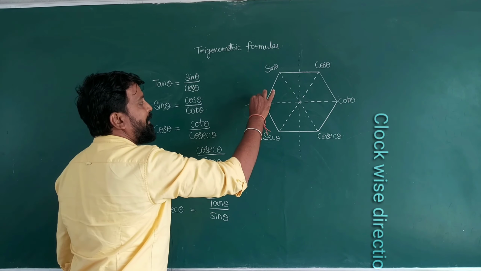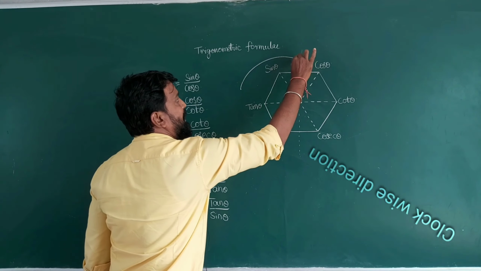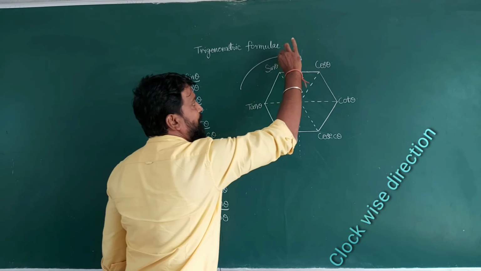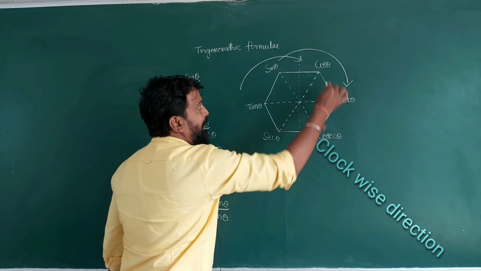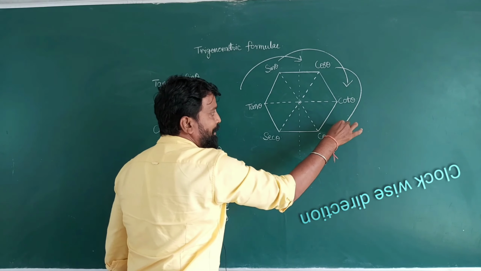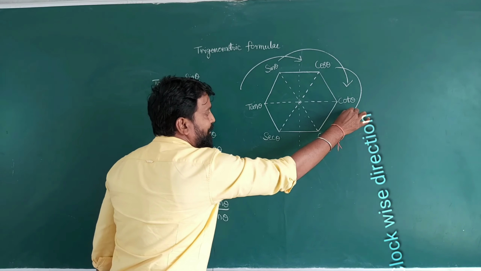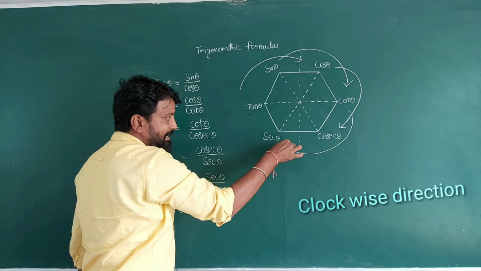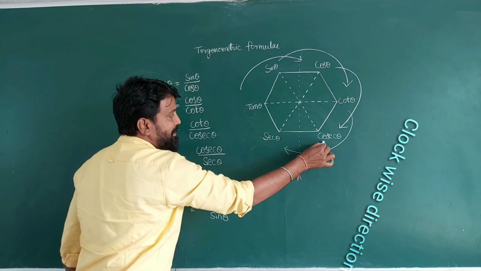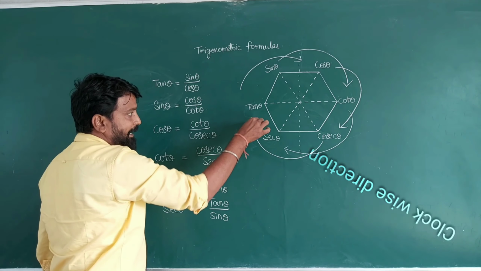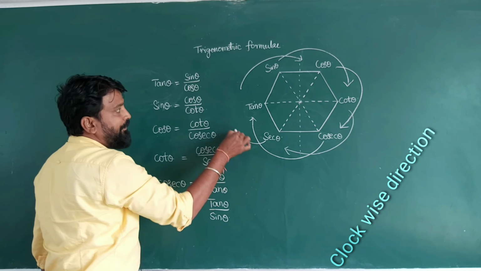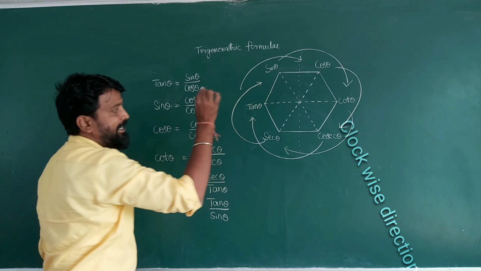See, tan theta is equal to sin by cos, sin theta is equal to cos by cot, cos theta is equal to cot by cosec, cot theta is equal to cosec by sec, cosec theta is equal to sec by tan, and sec theta is equal to tan by sin.